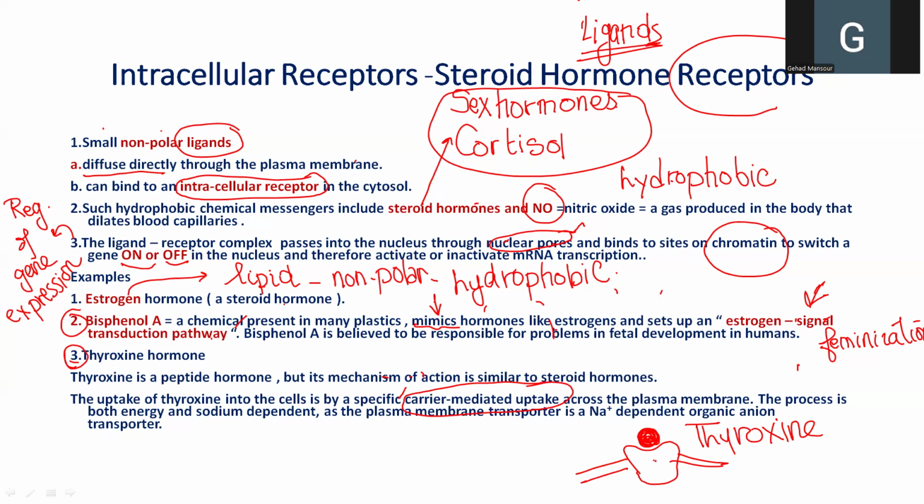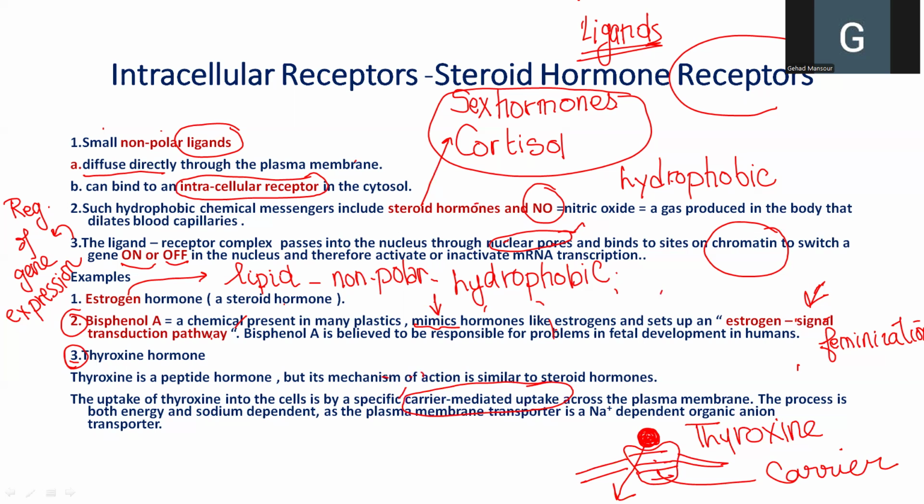Why do we say this? Because it's not capable of inducing a cellular response. So it is just a carrier molecule for thyroxine to help thyroxine, which is a hydrophilic molecule, to be carried inside the cell. And that's why we call this uptake a carrier-mediated uptake. So the function of this cell membrane protein is just to uptake thyroxine.